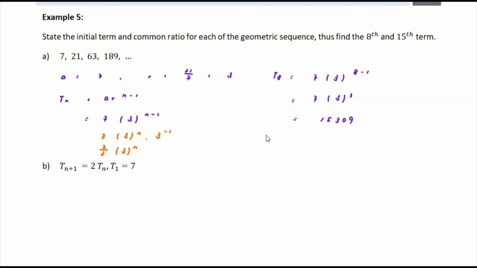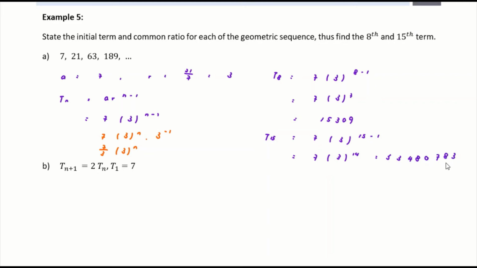Okay, so the next one, the 15th term, T15, is 7 times 3 to the power of 15 minus 1, which gives us 14. So 7 times 3 to the power of 14. Using our calculator as well, this is a very big number, 33480783.